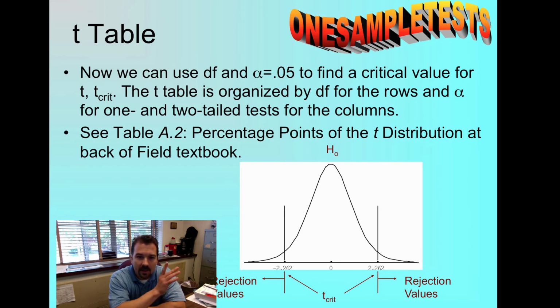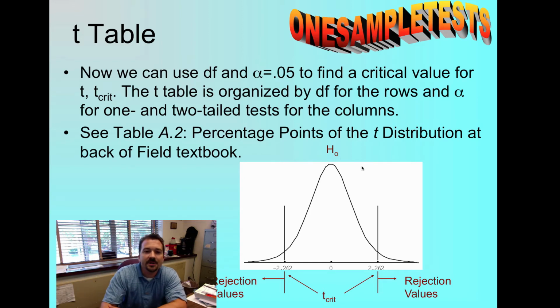So keep in mind that there is a T table, just like there is a Z table in your textbook. It's at the back. Even if you're using a different stats textbook, they're almost always going to have a Z table and a T table, and also usually an F table at the back. So anyway, flip open to the T table. It might be Appendix 8.2.